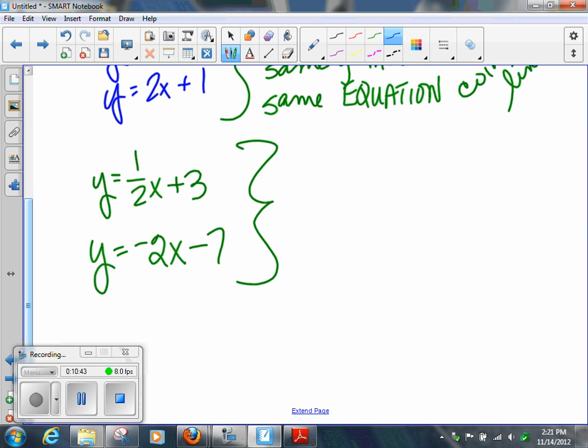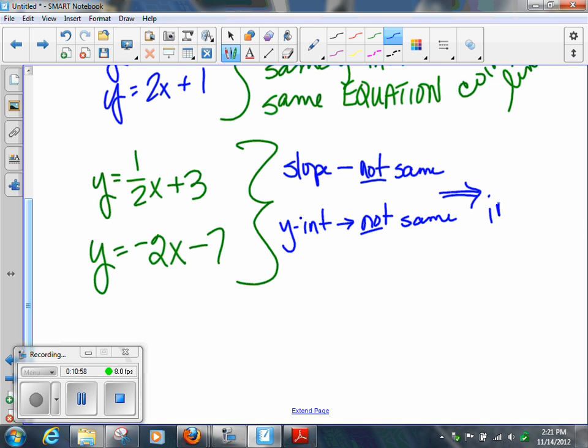Tell me specifically. The slope's not the same. The y-intercept is not the same. So what kind of lines? They're intersecting. Got it? Okay. All right.